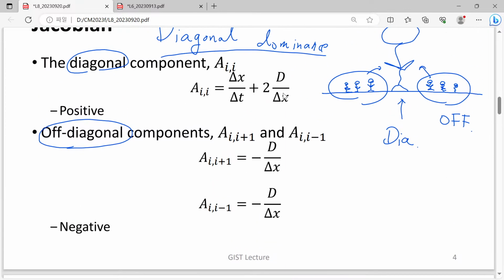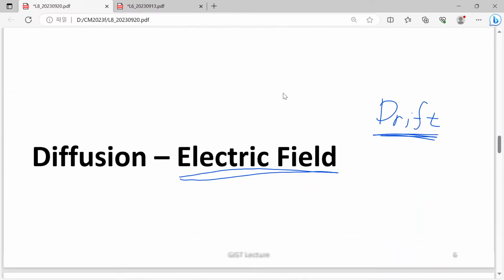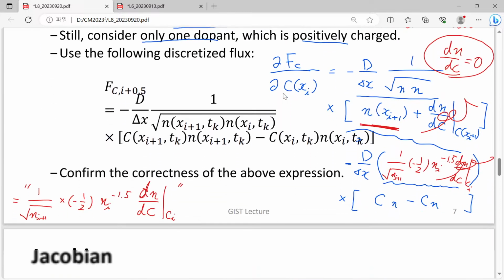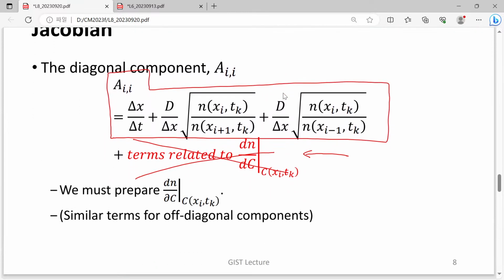This is your A. In the linear case, all of them are just constants. There is nothing dependent on your C value. But when you have a look at this term, even in the simplest case, you have n values.